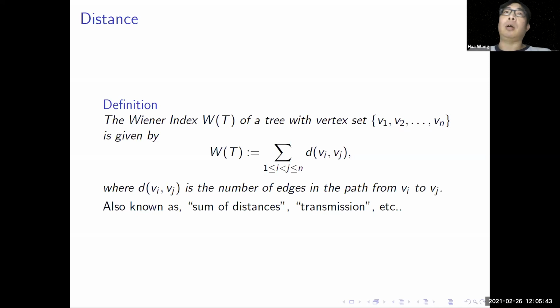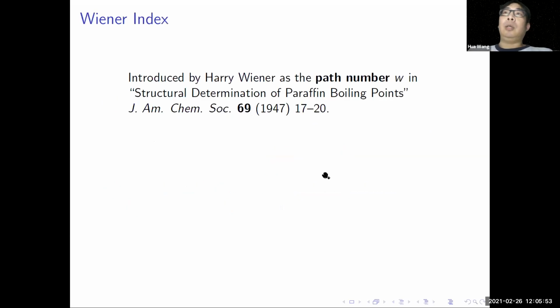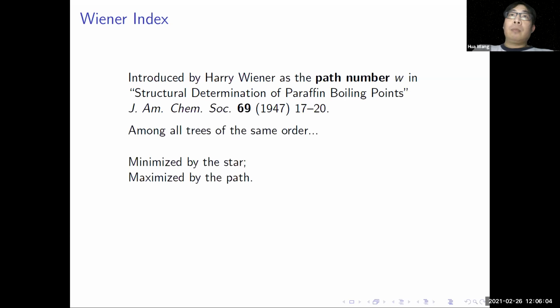And so he chose to use W to denote it, and later on it became the Wiener index after his last name. And this was well known in chemical graph theory, as opposed to in IT or traditional graph theory where people have many other different names for it. So that's where it was from.